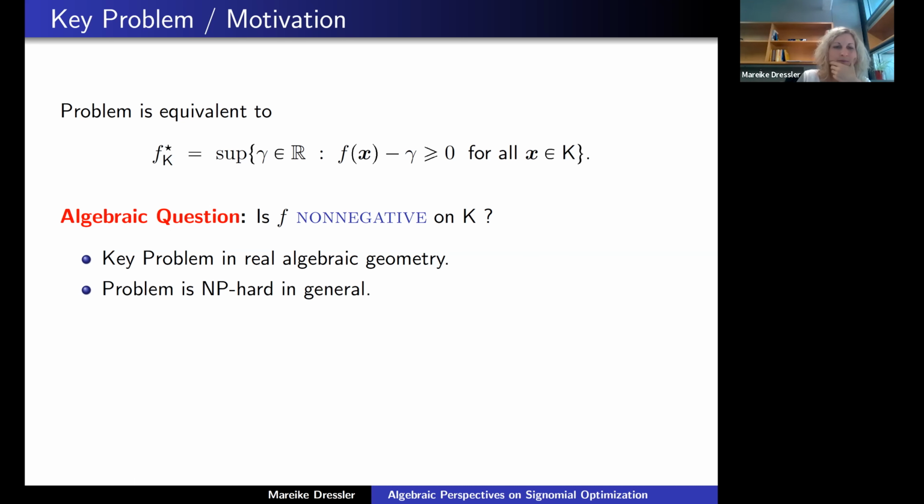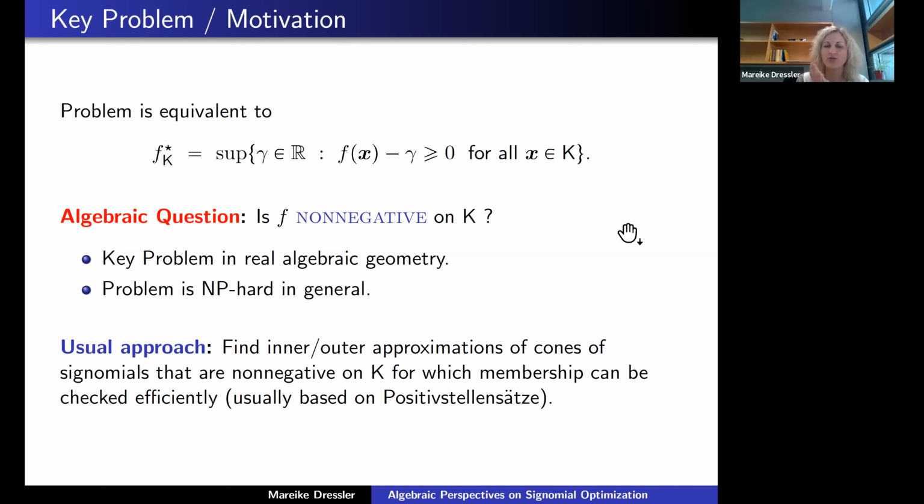But now we can make use of techniques and ideas from the real algebraic geometry community and convex analysis. The usual approach to handle such a question is to find outer and inner approximations of these sets. Let me explain that a little bit more in depth.